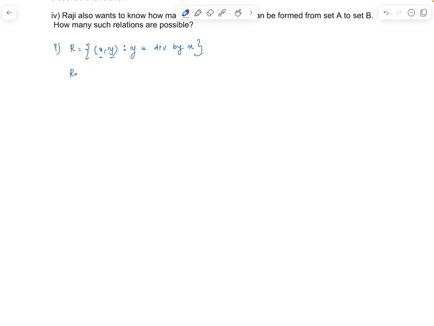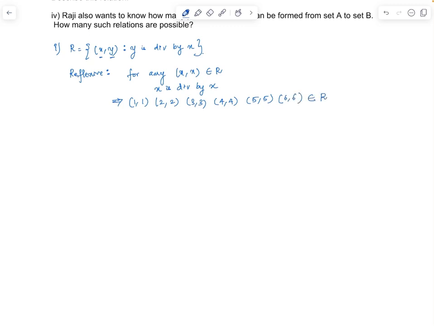Now let's check if this is reflexive. For any (x, x) belonging to R, x is divisible by x, which implies (1,1), (2,2), (3,3), (4,4), (5,5), (6,6) are all there in the relation R. In every ordered pair, the second number is divisible by the first number. 1 is divisible by 1, 2 is divisible by 2.